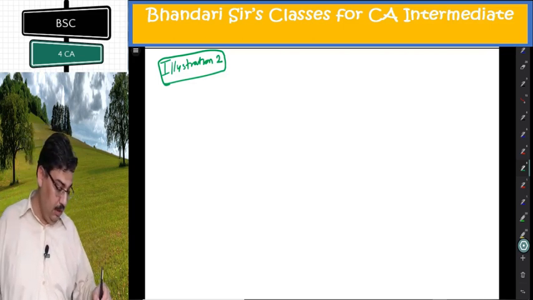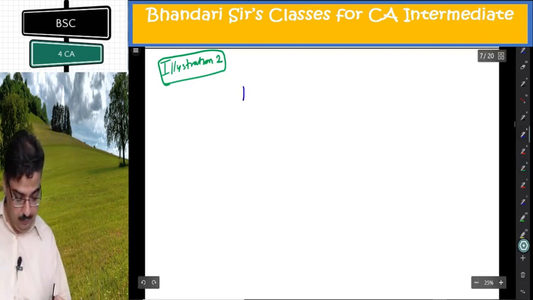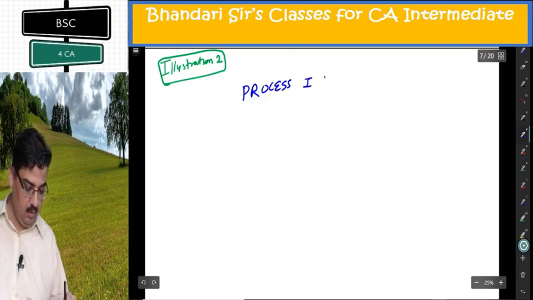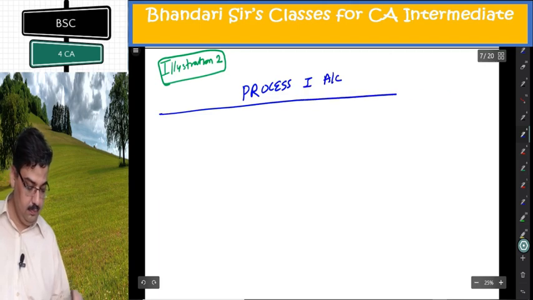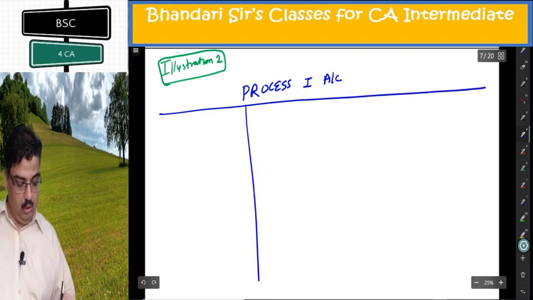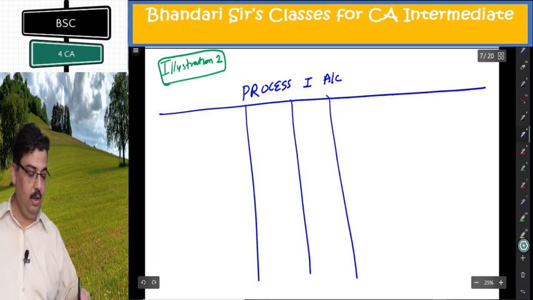So starting with process 1 account, the column headings I am not making, that you can do on your own.